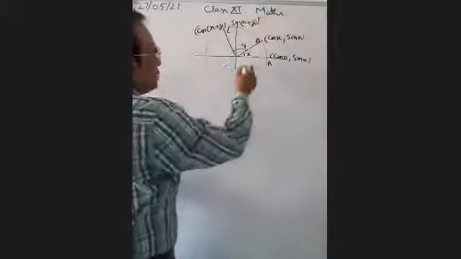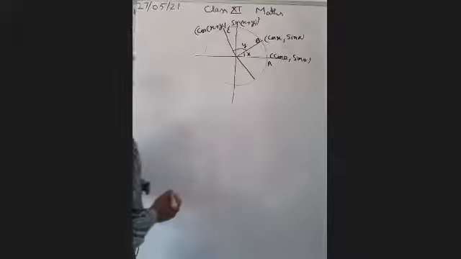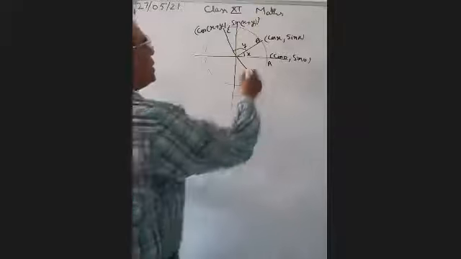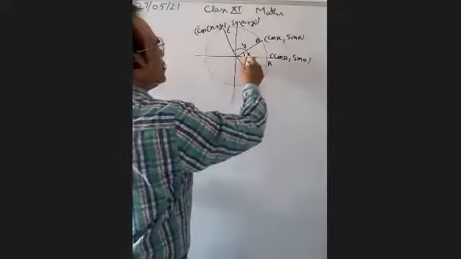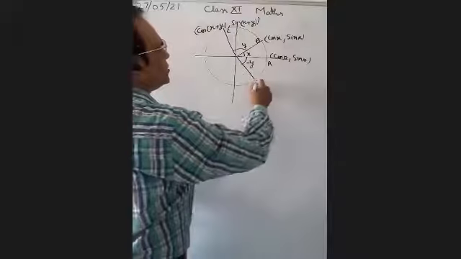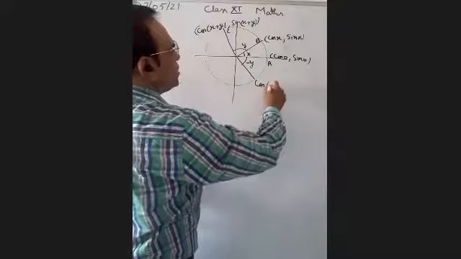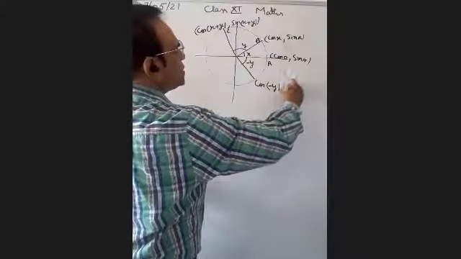And suppose if we take a point here, it is equal to y angle. But if the direction is opposite, then we can say it is minus y. So the coordinate of this point will be cos minus y and sin minus y.